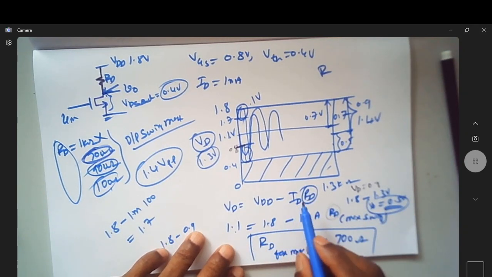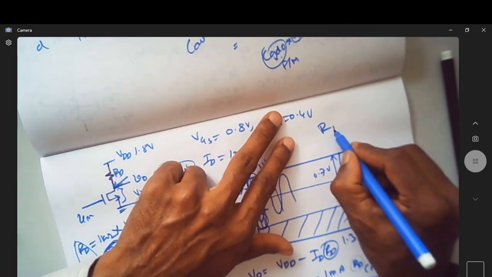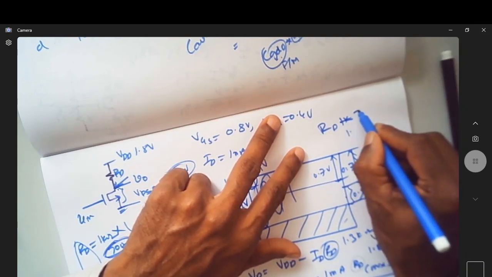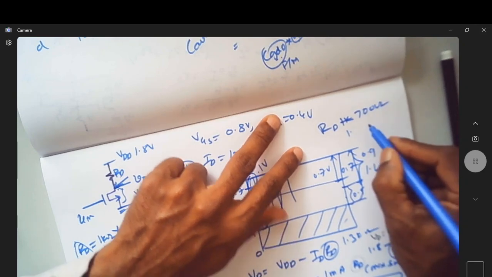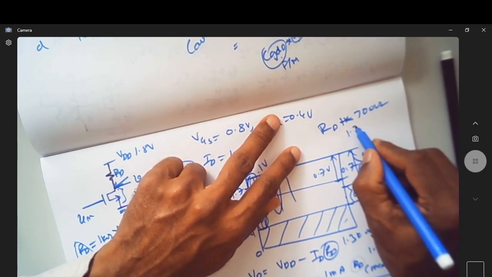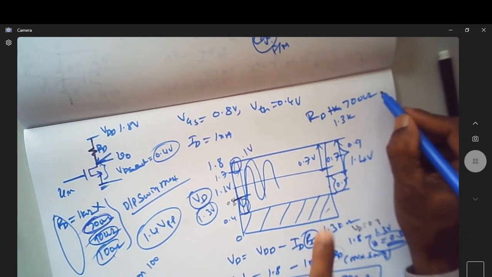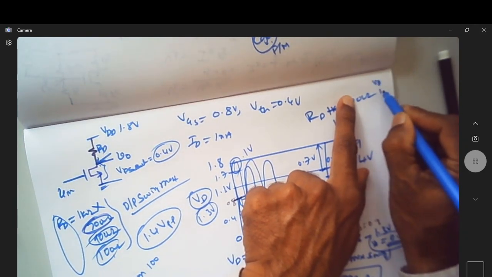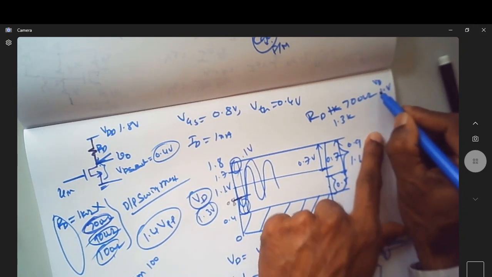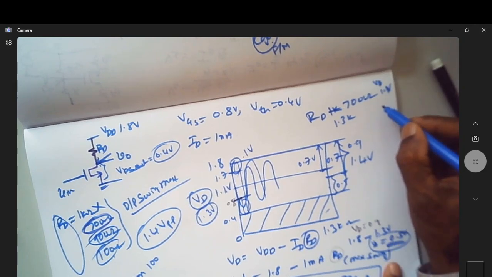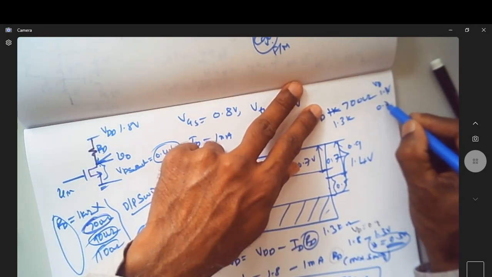If RD changes from 700 ohm to 1.3K: when it is 700 ohm, what is the value of VD? It was 1.1 volt. Now when it is 1.3K, it is 0.5.